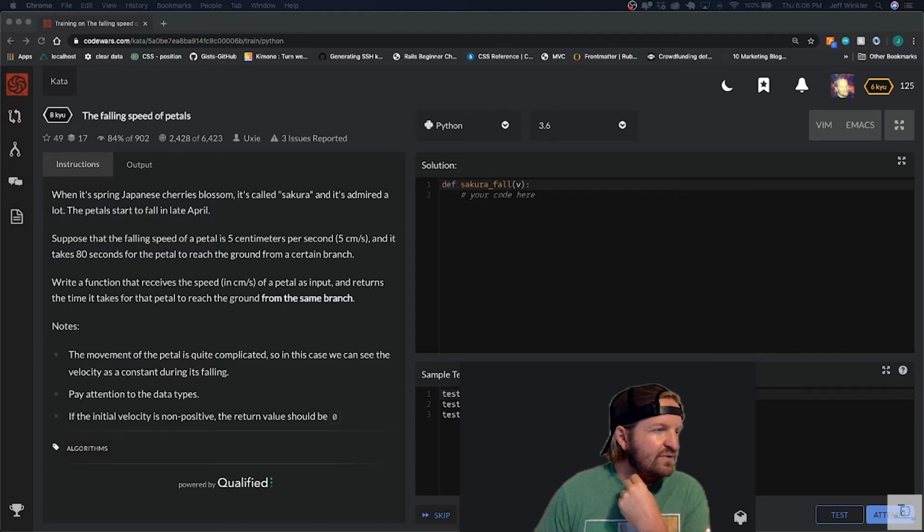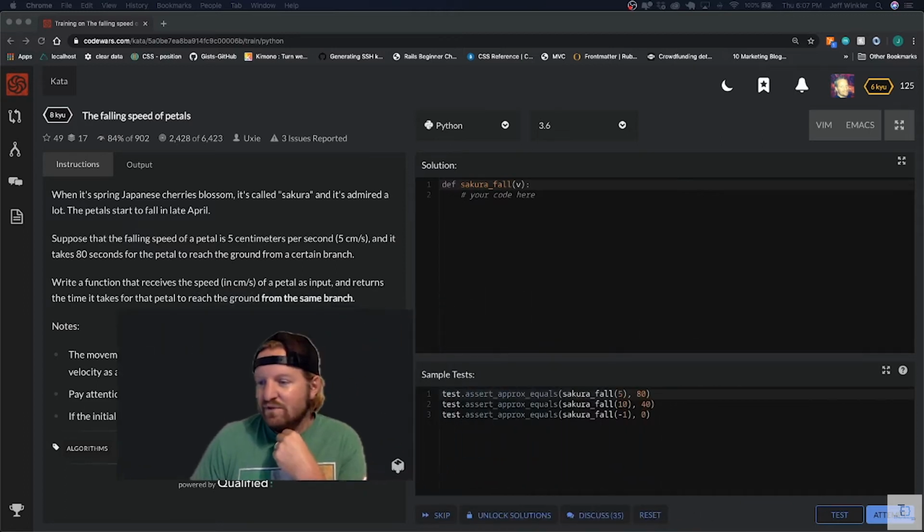Write a function that receives the speed in centimeters a second of a petal as input and returns the time it takes for that petal to reach the ground from that same branch. The movement of the petal is quite complicated, so in this case the velocity is constant during its falling. Pay attention to the data types. If the initial velocity is non-positive, the return value should be 0.